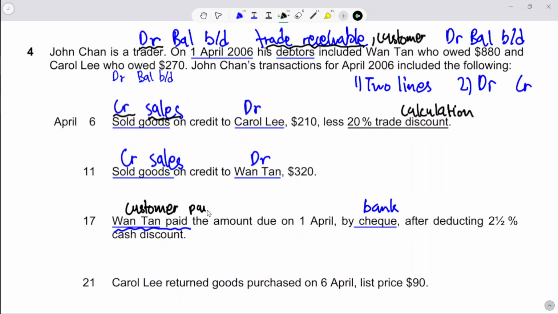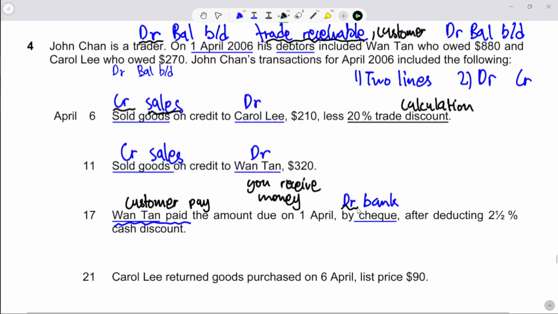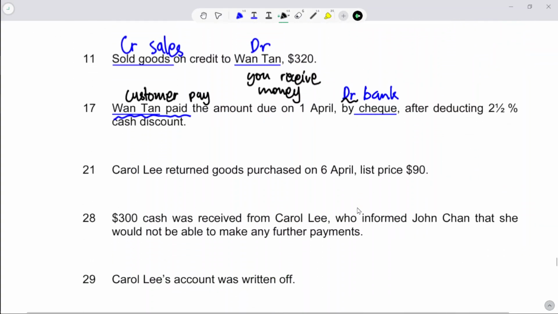The customer pays, so you receive money. So you debit bank. Then debit here, and another one will be credit.